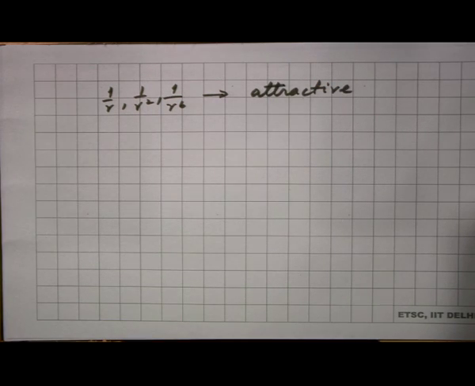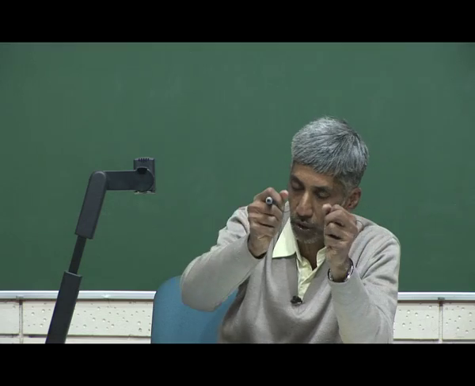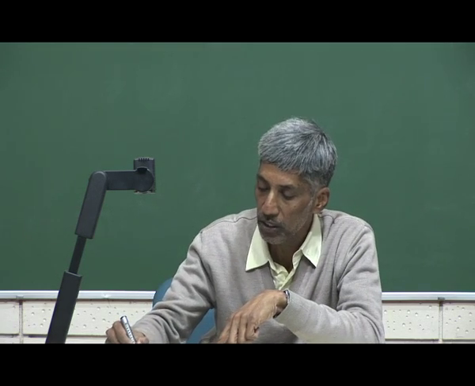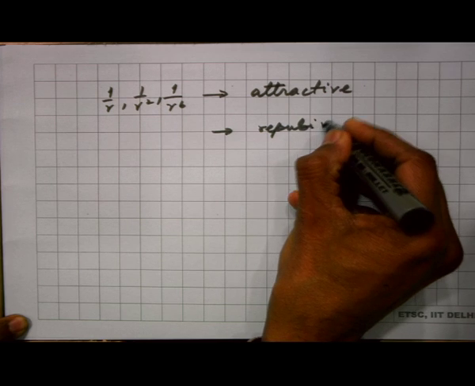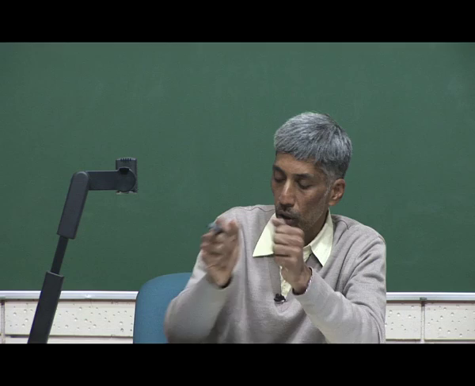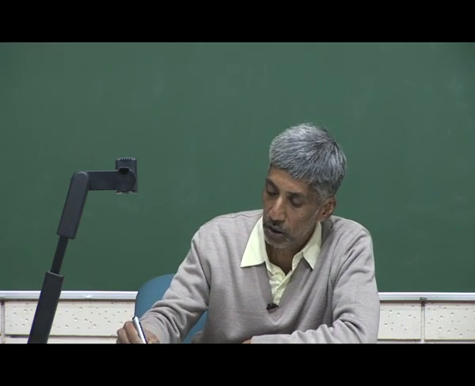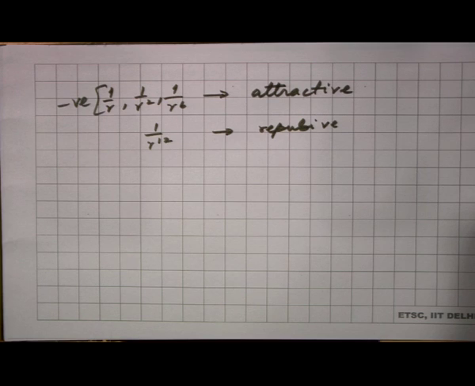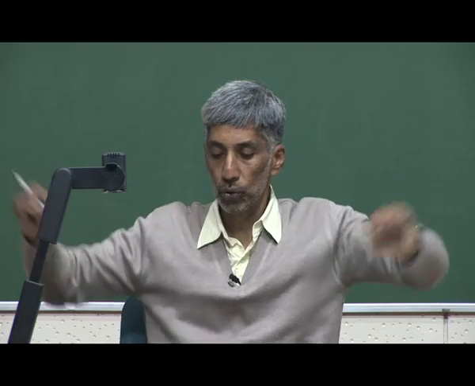But we also said in the last discussion that if you put two things closer together, the electron densities will start to overlap and there will be a repulsive potential as a result of electrons clashing with each other through what is called the Pauli exclusion principle. This is repulsive when the atoms or molecules get closer together, and this is 1 over r to the 12. So, these are all negative in sign. So, they bring the things together, whereas this one will tend to throw things apart.